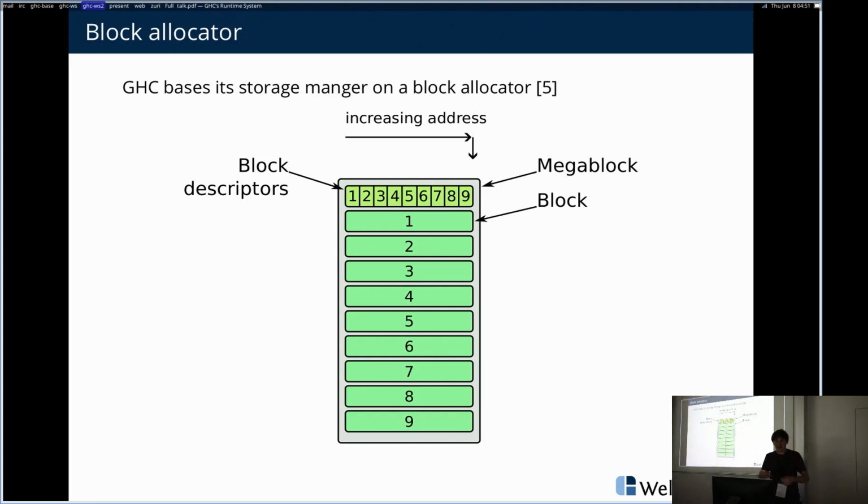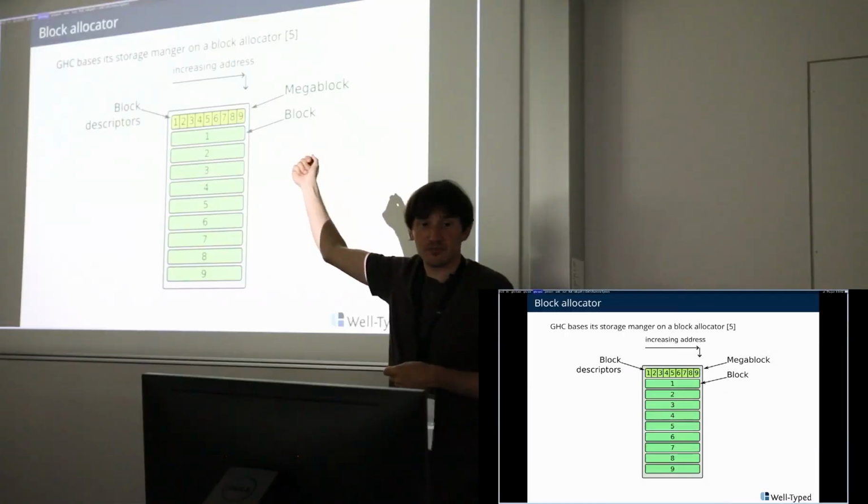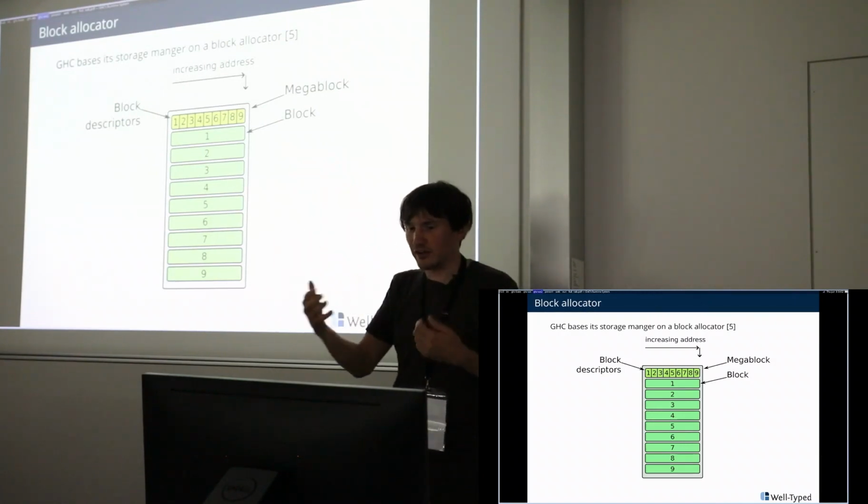This is an allocator that is going to request relatively large blocks of memory from the operating system, typically on the order of a megabyte. And these are actually of uniform size. I should say they are a megabyte currently. It's responsible for requesting these from the operating system in an incremental manner.